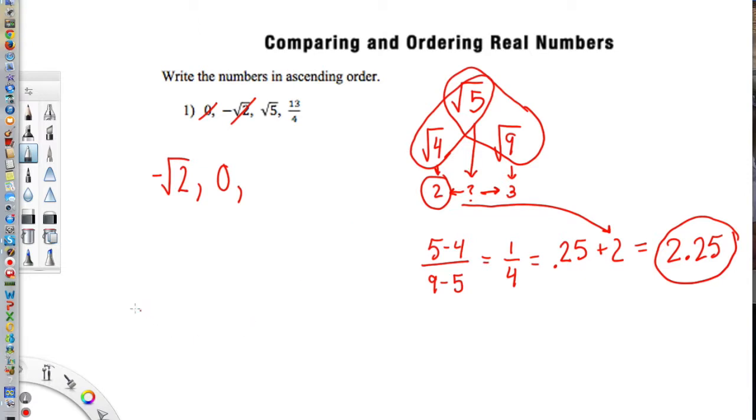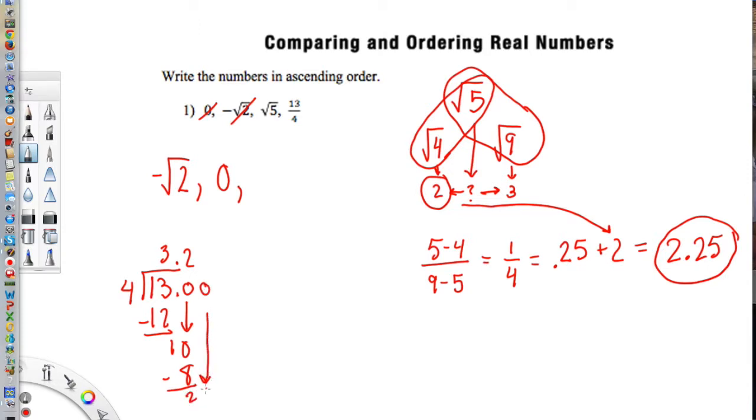And then over here I can do 13 fourths, which is really 13 divided by 4. And 4 goes into 13 3 times. 3 times 4 is 12. I have 1 as my remainder. I bring down a 0. 4 goes into 10 2 times. 2 times 4 is 8. I subtract, I get 2.